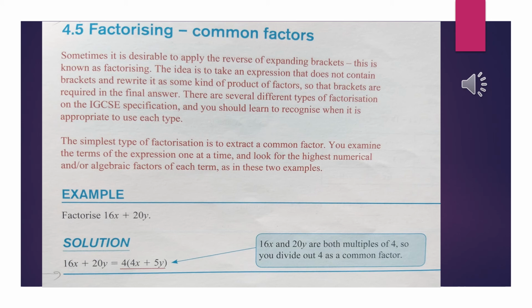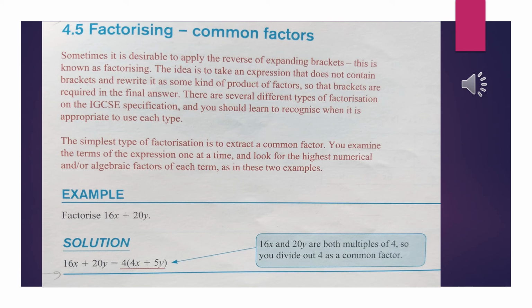The idea is to take an expression that does not contain brackets and rewrite it as some kind of product of factors, so that brackets are required in the final answer. There are several different types of factorization on the IGCSE specification, which you are going to follow from here on, and you should learn to recognize when it is appropriate to use each one.